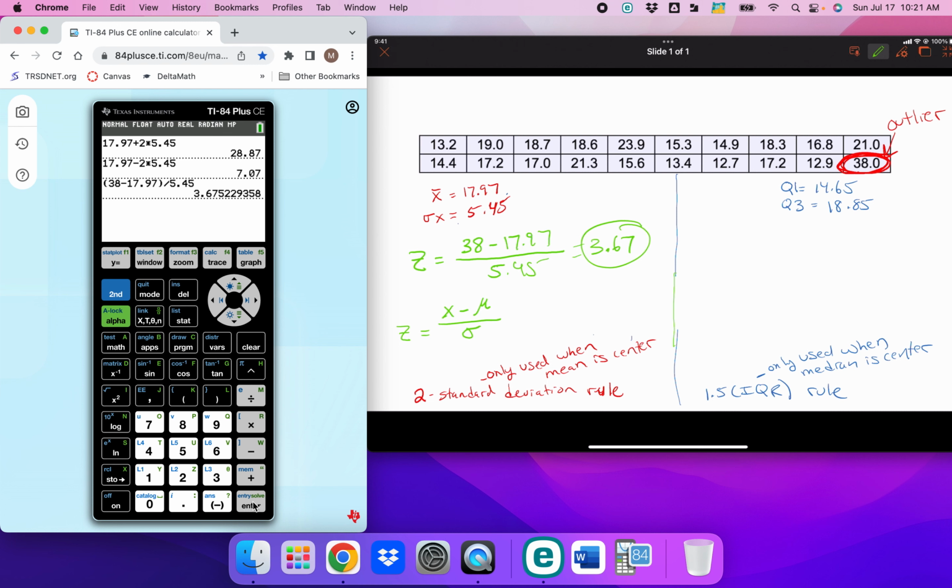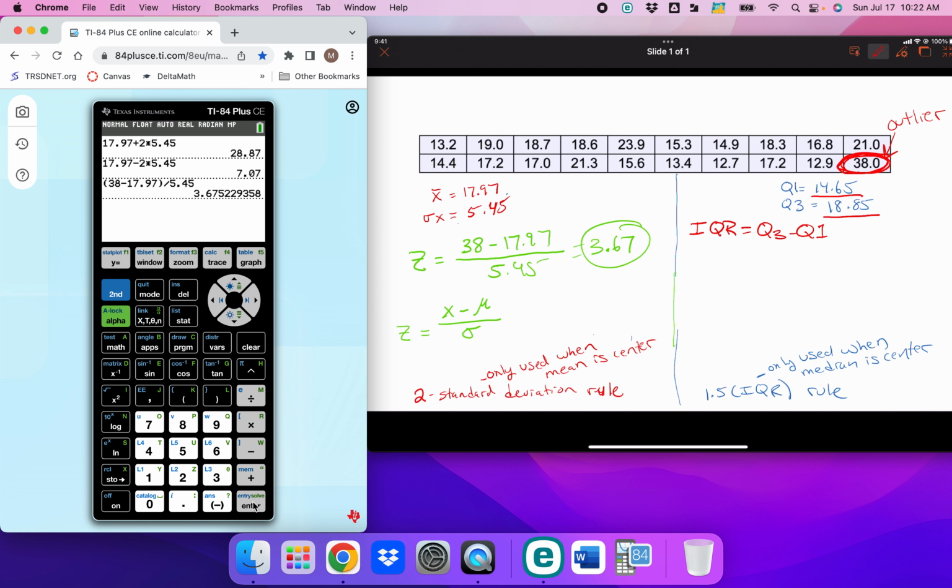When we are using the median as our measure of center, I'm going to use 1.5 times the IQR to determine the outliers. So let's take a look at this. I have my Q3 is 18.85 and my Q1 is 14.65. Remember that the IQR, or the interquartile range, is Q3 minus Q1.